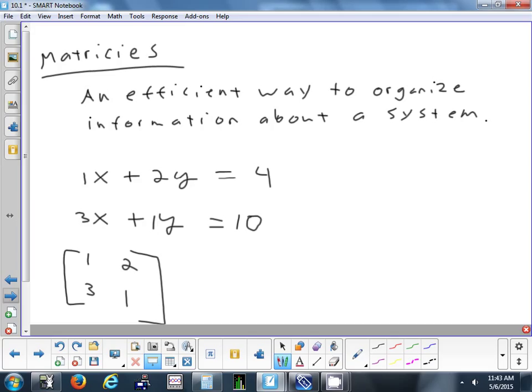That's how you could represent the left-hand side of that equation. And that's the right-hand side. On the left, this is called a 2 by 2 matrix, 2 rows, 2 columns. This matrix is 2 rows, 1 column.